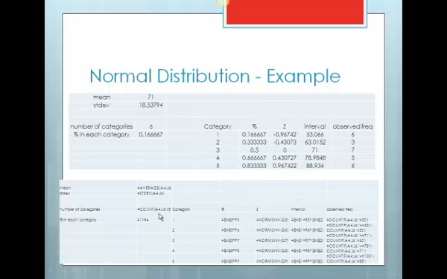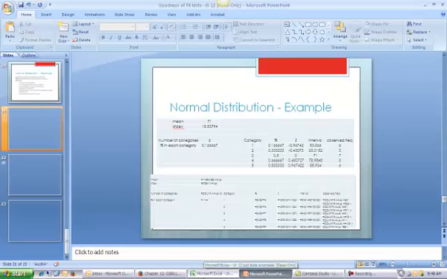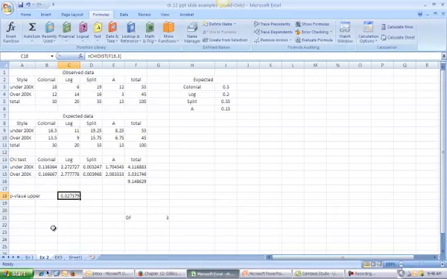Okay, so how do I get the number of categories? Well, number of categories is n divided by 5 to ensure that there's at least 5 observations in each category. So I used count to find n. Then the percentage in each category is 1 divided by the number of categories that you come up with. Okay, so let's go into Excel so we can see this more clearly.